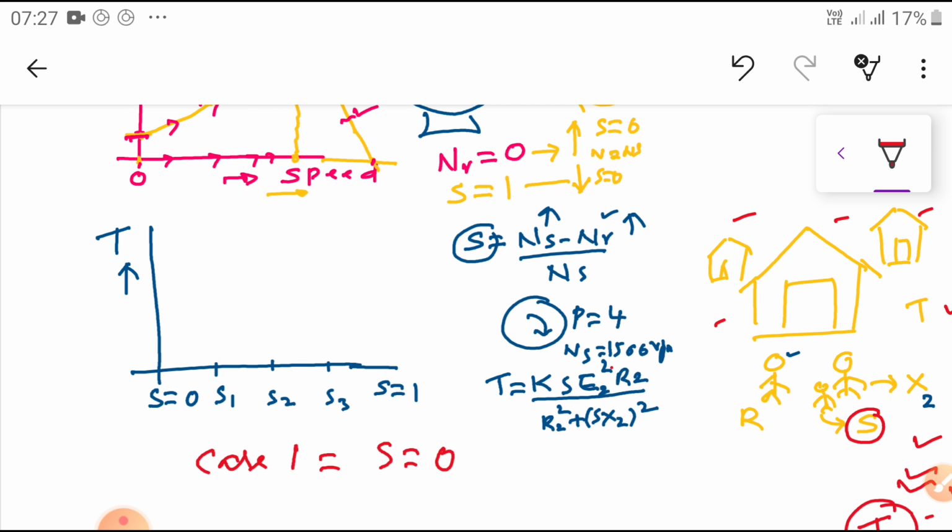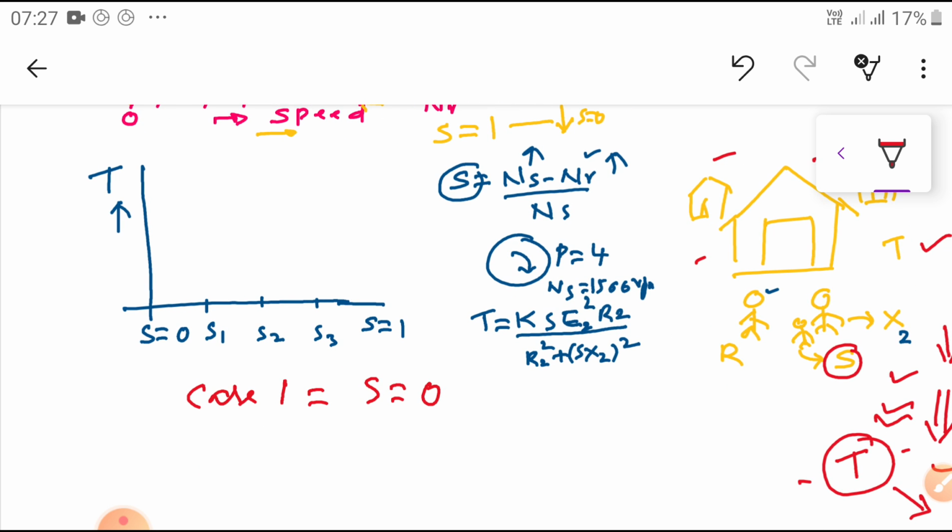That means the slip is equal to 0, that is, rotor speed NR is equal to synchronous speed. This is 1500 rpm, this is 1500 rpm, S equal to 0. Then what is the torque? S is equal to 0, torque equal to 0. This is the condition, point taken.